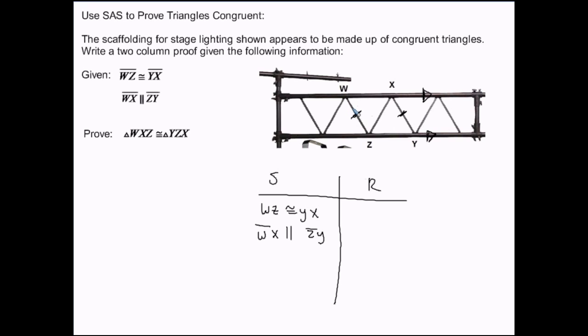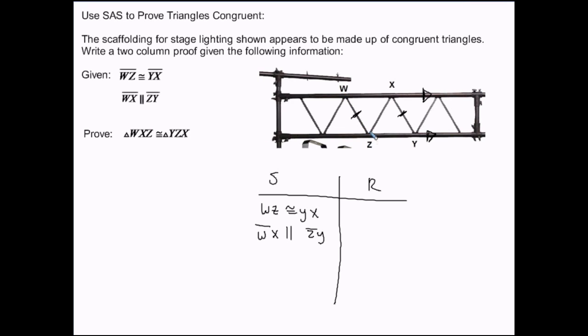Well, I have a postulate that tells me that the distance between parallel lines is the same all across, right? Hold on a second. Okay, so we have parallel lines, right?